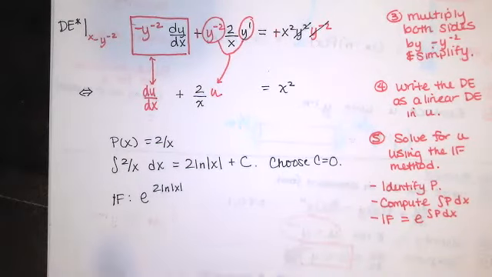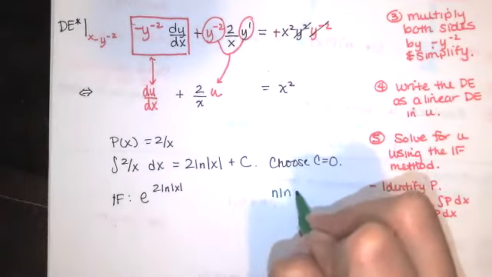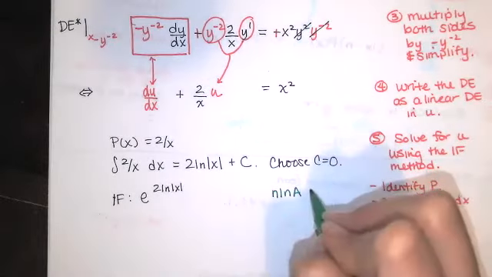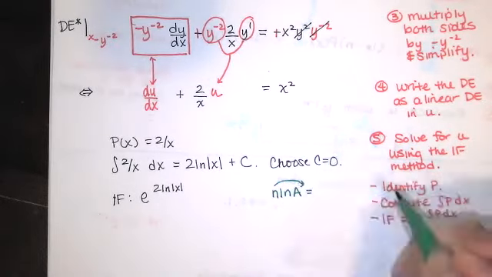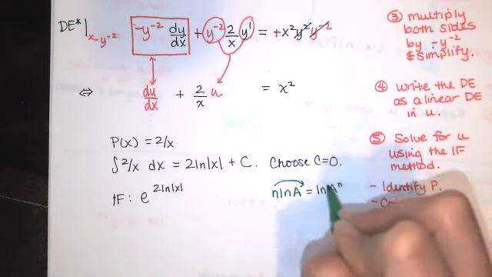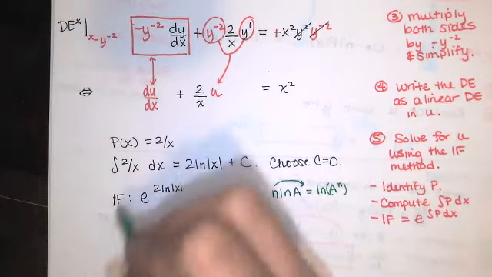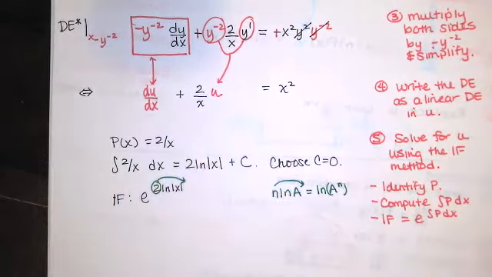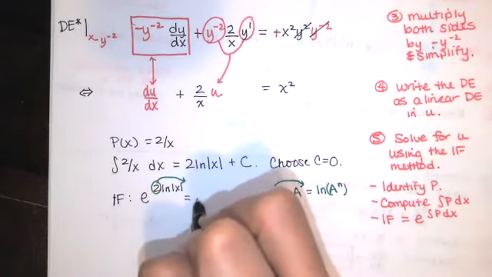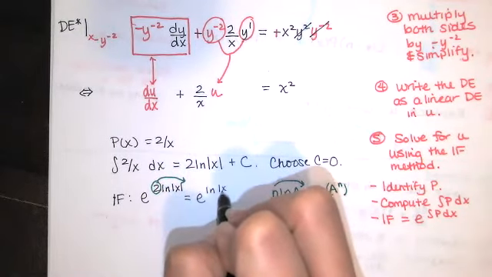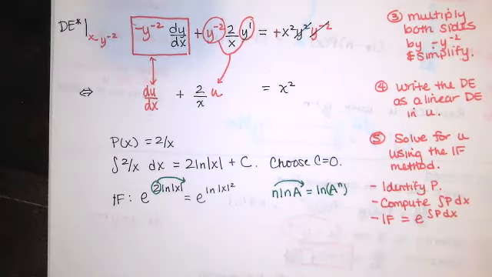Now, in order to simplify this, we're going to have to use some rules from algebra. Remember, if you've got a constant times natural log of a, you can bring that constant inside. That's the same as natural log of a to the n. So that 2 needs to go inside there, and I end up with e to the natural log of the absolute value of x squared.